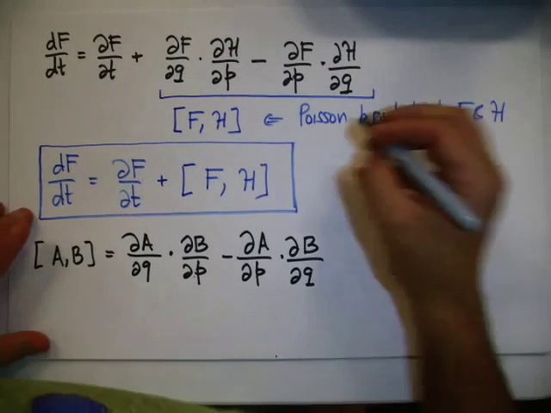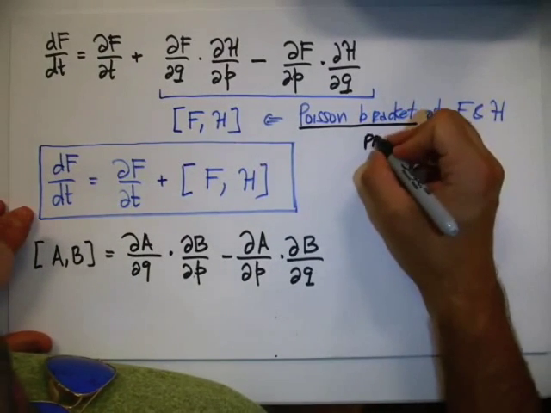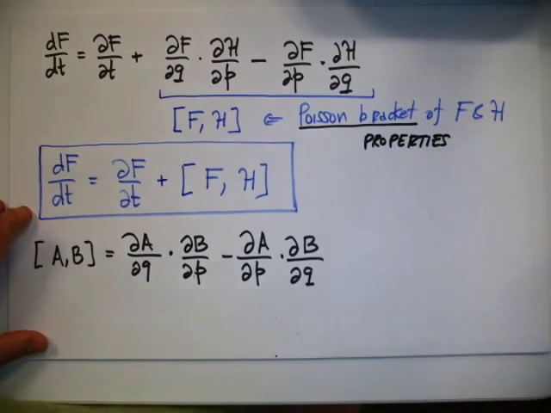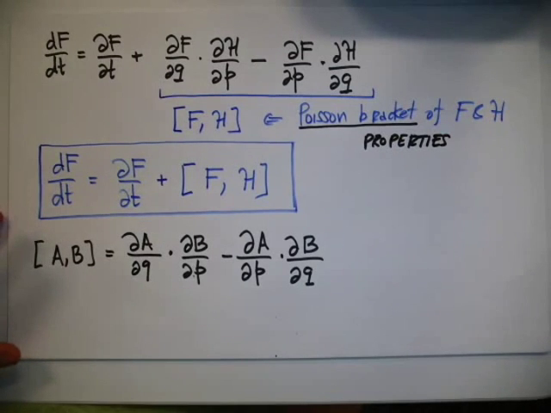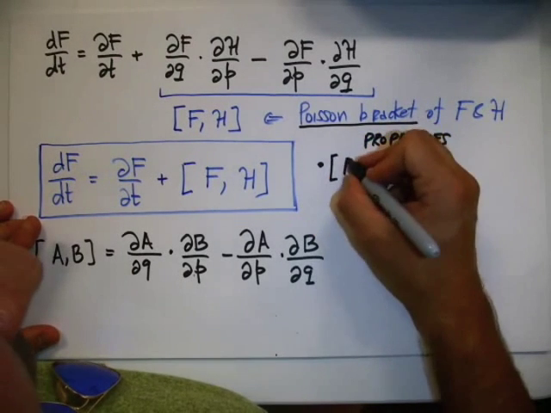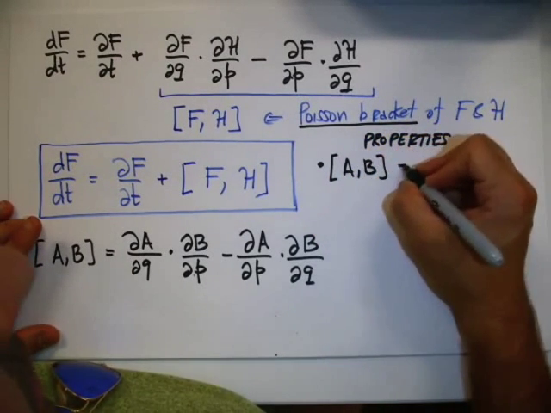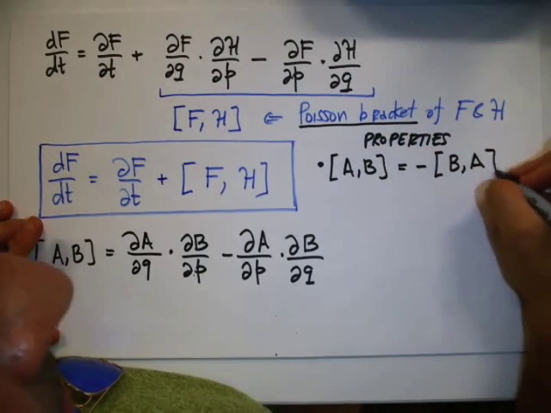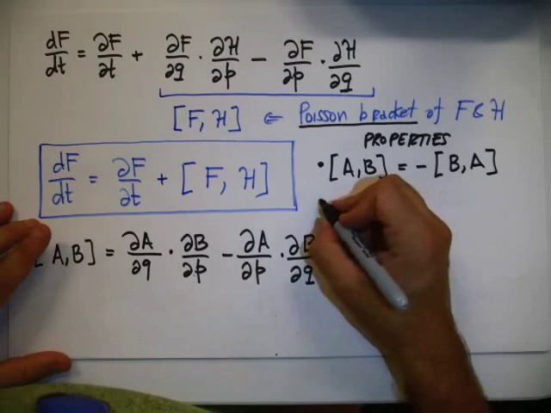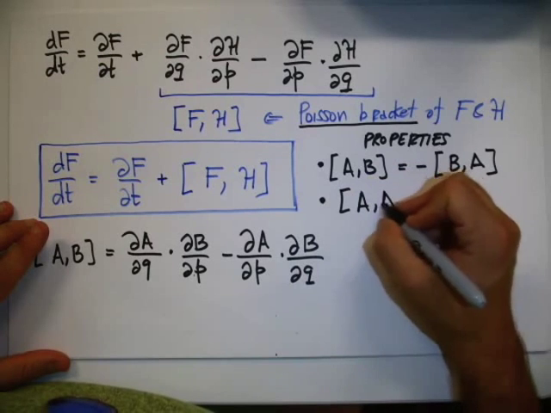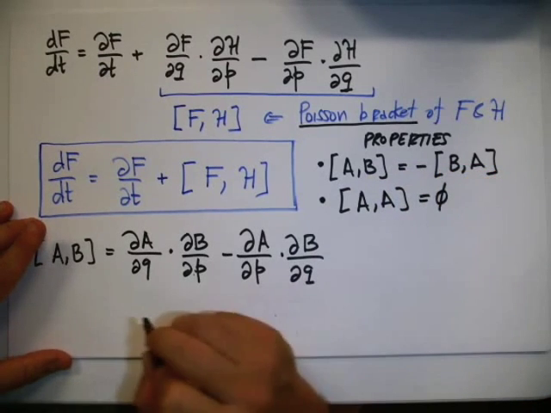And what are the properties of this Poisson bracket? Well, first of all, it is antisymmetric. So a comma b is going to be equal to minus b comma a. Then this implies that a comma a is always equal to 0.